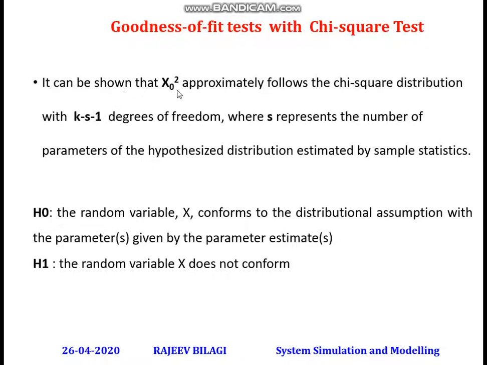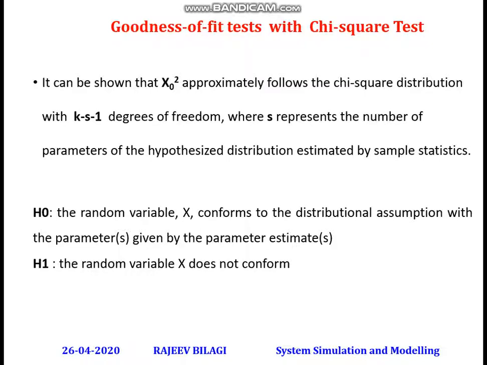Lambda naught square approximately follows the chi-square distribution with k minus s minus 1 degrees of freedom. Here k is the number of class intervals, and s is the number of parameters of the hypothesized distribution.